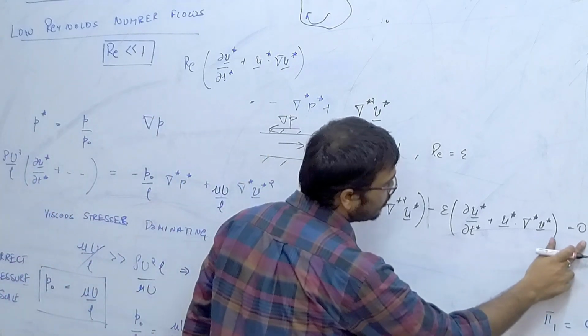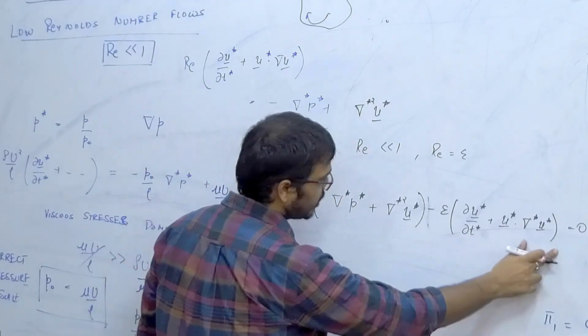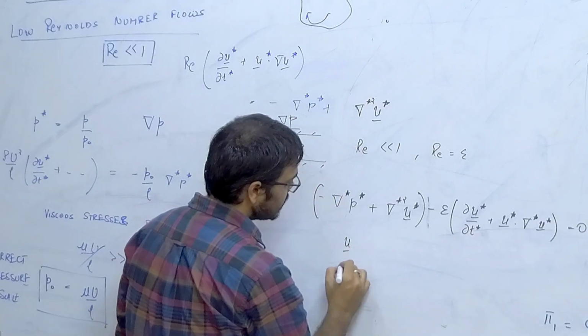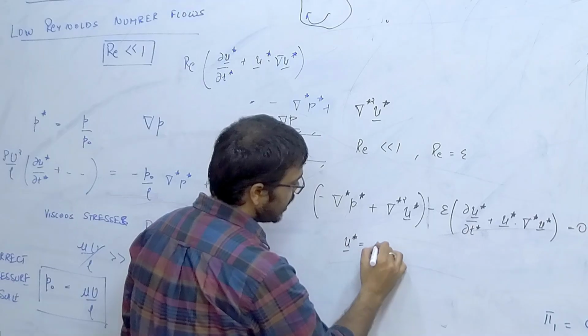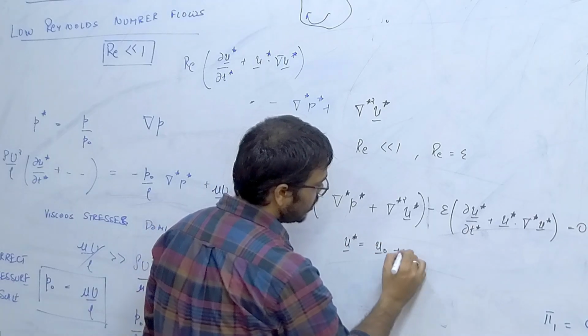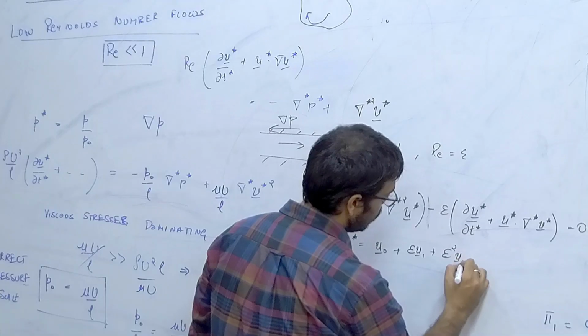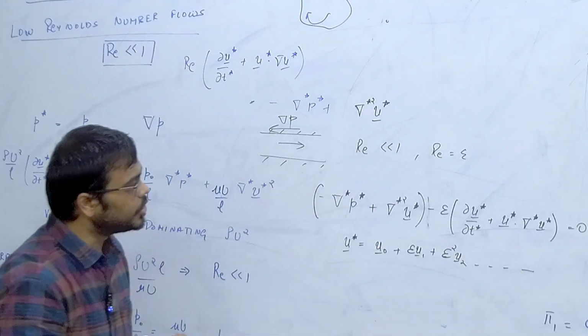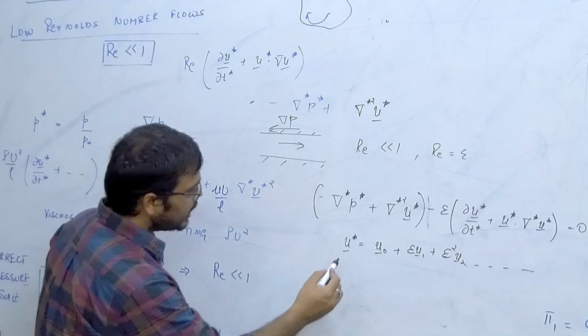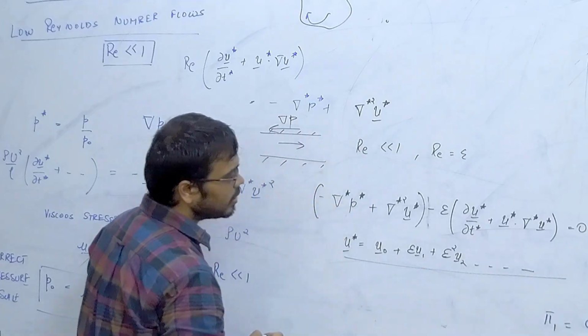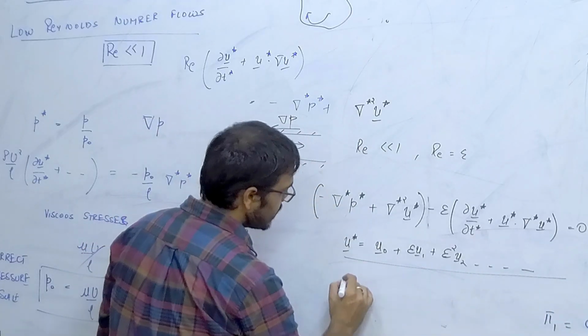So, in these kind of problems, to solve the equation further, what you have to say is this velocity u star is, let us say, some u naught plus epsilon u 1 plus epsilon square u 2. So, what we are saying is, due to this small Reynolds number, let us say there are some higher order corrections in the velocity, same for pressure.